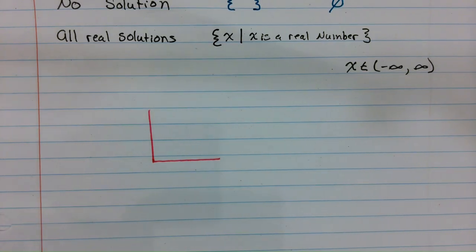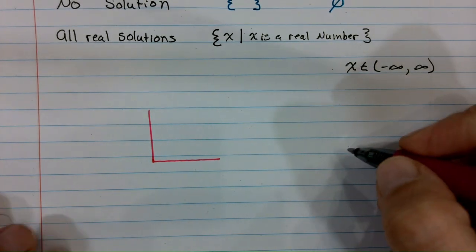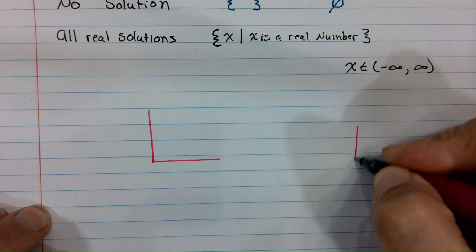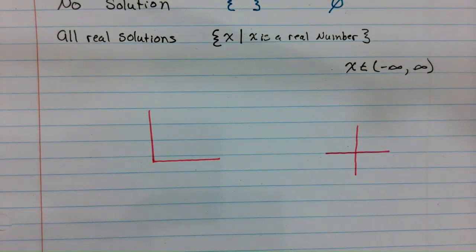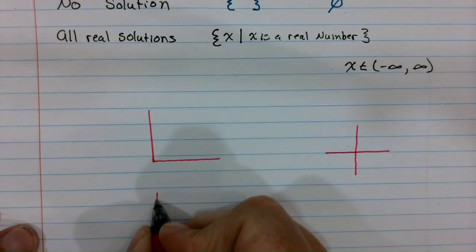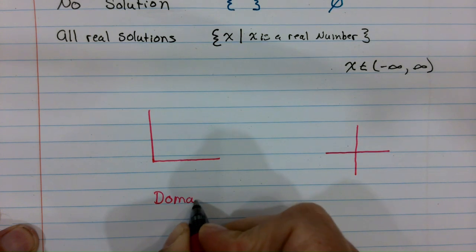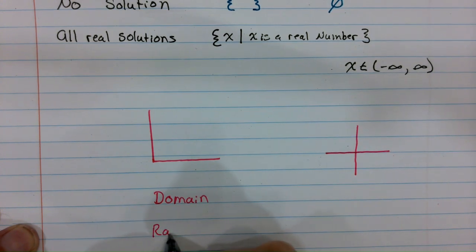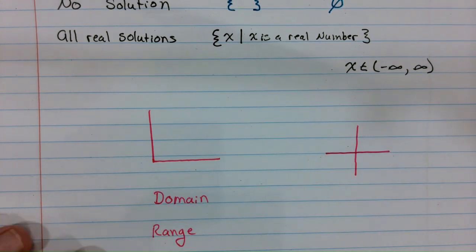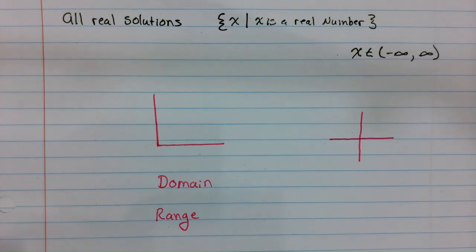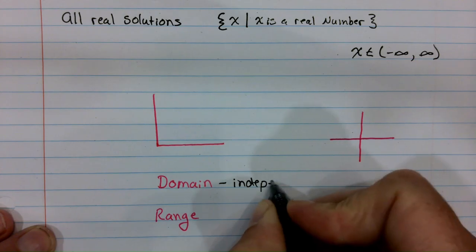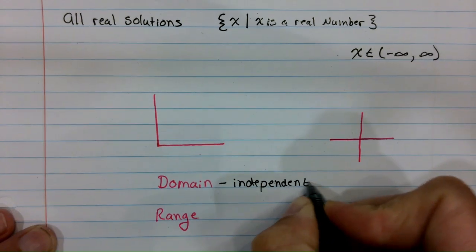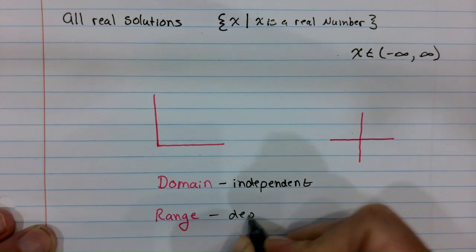When you're in science class, you're going to normally see graphs like this with just the first quadrant, while in math class we use all 4 quadrants. And therefore, we're going to talk a lot in math class about our domain and range. In other classes like science, you're not going to call it domain and range. You're going to call it your independent variable or your dependent variable.